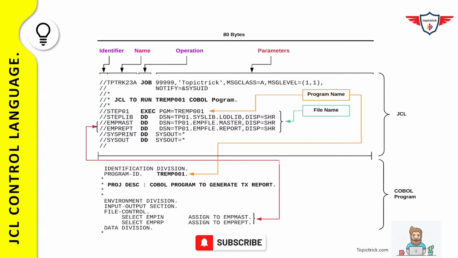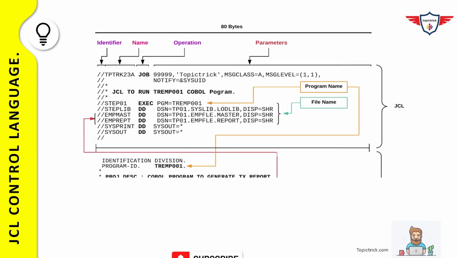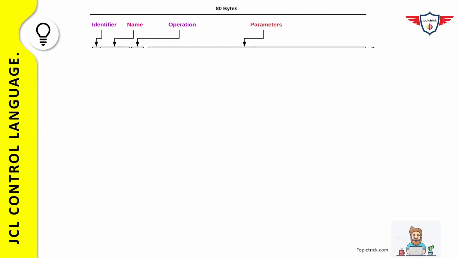Now, before discussing the job control statements in detail, let's discuss two important topics. First one is the coding rules of writing JCL, and the second one is JCL parameters, that includes keyword parameters and positional parameters. These are very important because they are used to define your control statements. So let's get started with the general rules of writing a JCL. JCL statements are coded as 80 byte records.